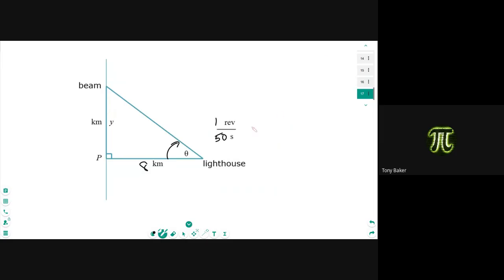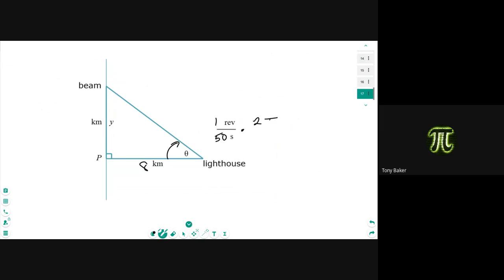So we need to change this 1 revolution over 50 seconds into radians that we can use. How much is 1 complete revolution in terms of radians? 2 pi.